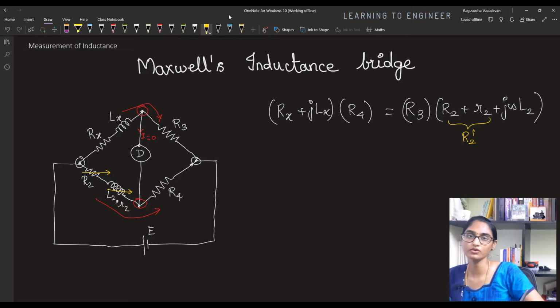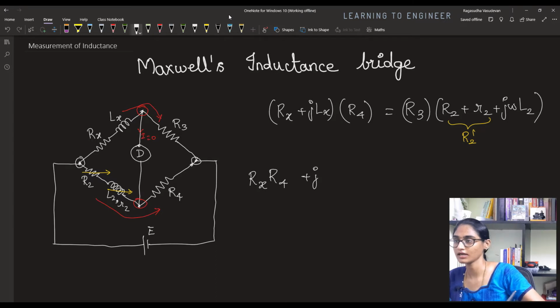Later on, after doing the entire derivation, I will substitute R2 dash as R2 plus small r2. I hope you will be able to follow that. So I'm just going to cross multiply inside the brackets and equate the real terms and the imaginary terms. After I equate them, you will be able to find out the unknown resistance as well as the unknown inductance.